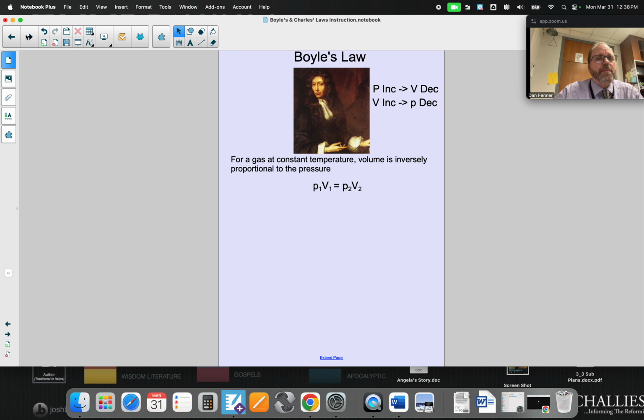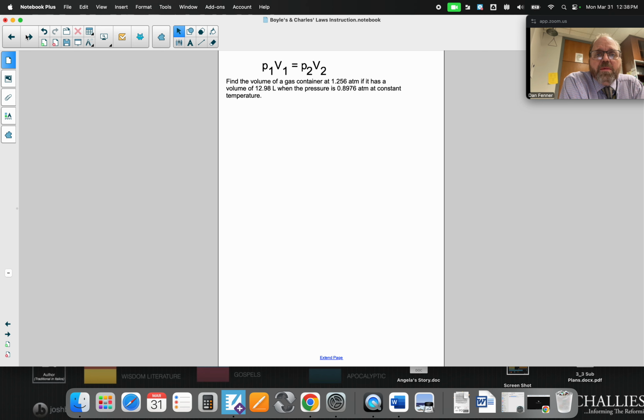So let's try a problem. Find the volume of a gas container at 1.256 atmospheres if it has a volume of 12.98 liters when the pressure is 0.8976 atmospheres at constant temperature. Constant temperature is telling us Boyle's law. Now, the way to look for this, I'm always going to give you a preposition: if, when, where, for, or as, one of those.